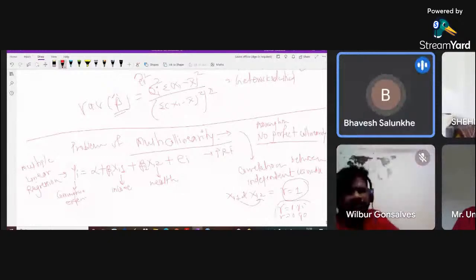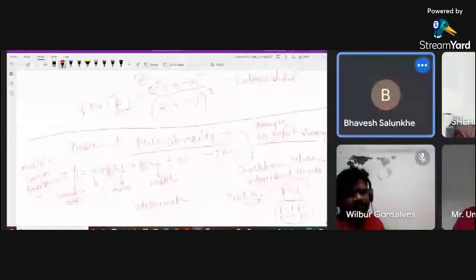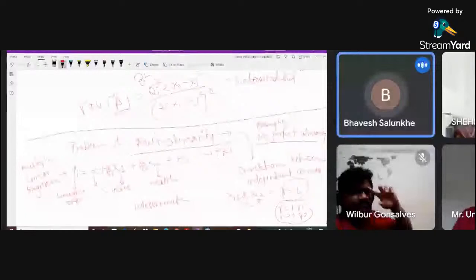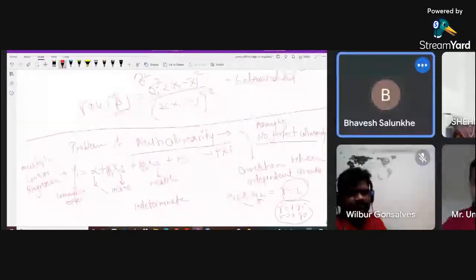This is okay for estimation of beta 1, beta 2, and alpha. But if you have perfect correlation between x1 and x2, you cannot estimate alpha, beta 1, beta 2. So they are called indeterminate. You cannot determine the values when the correlation coefficient is equal to 1. But if it is less than 1, you can still go ahead with the estimation.